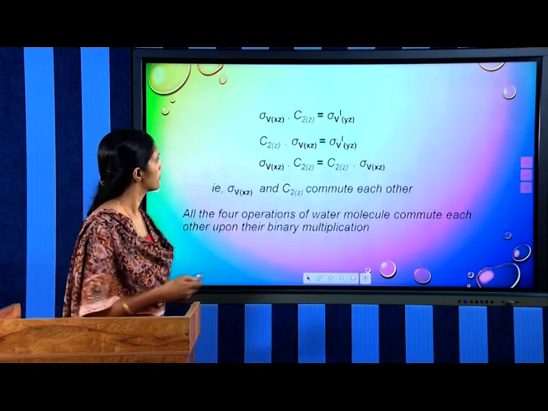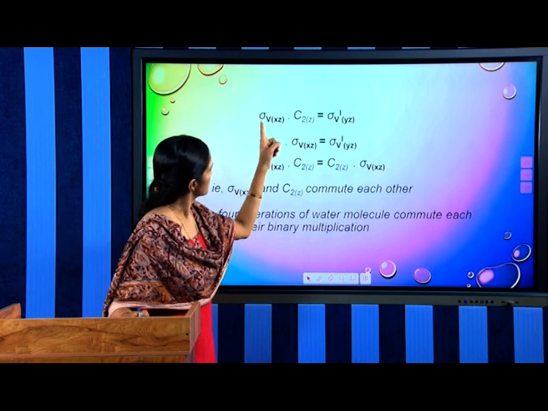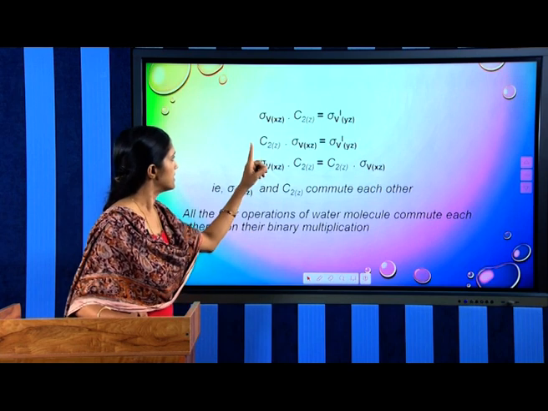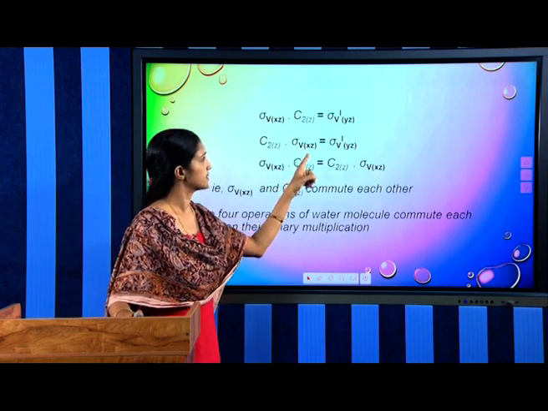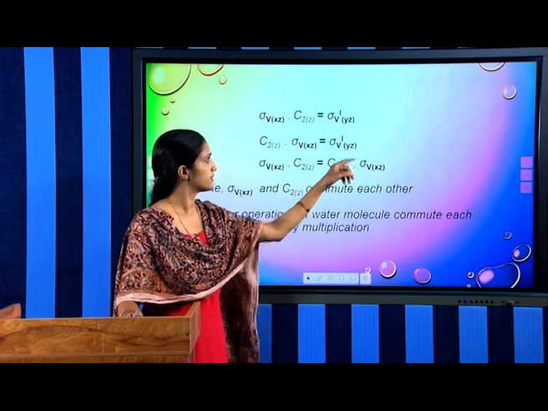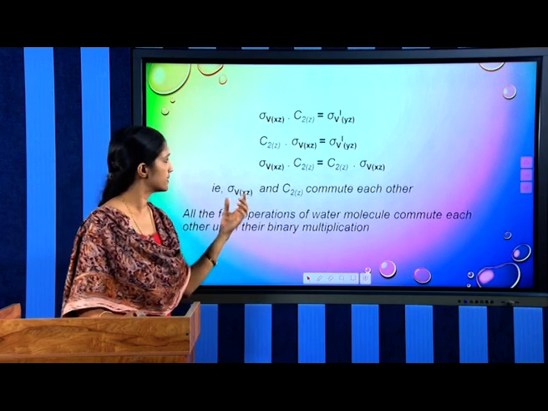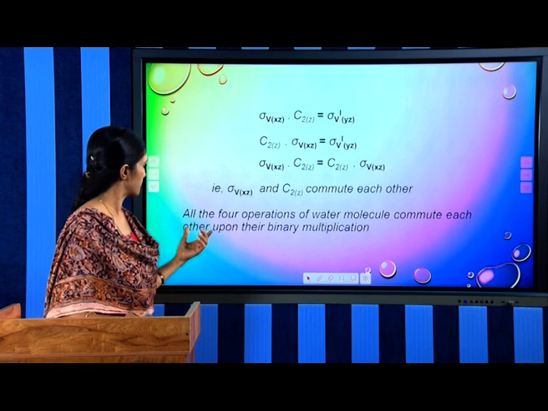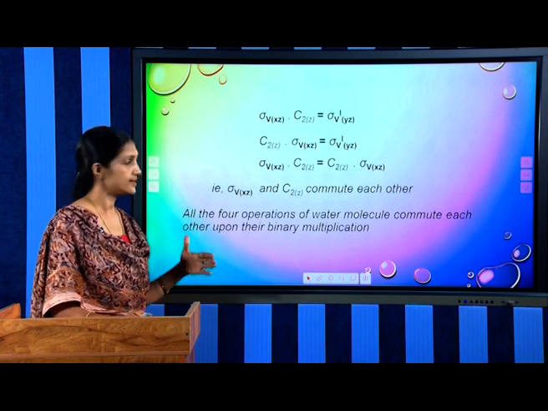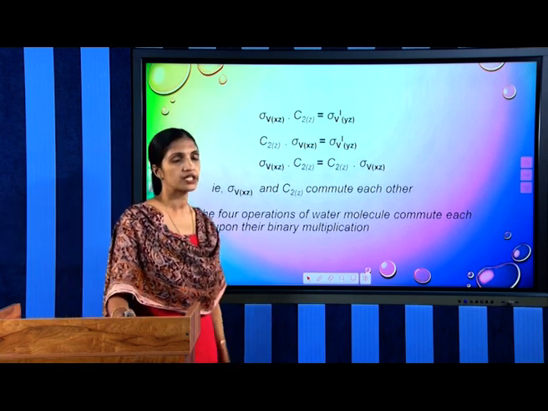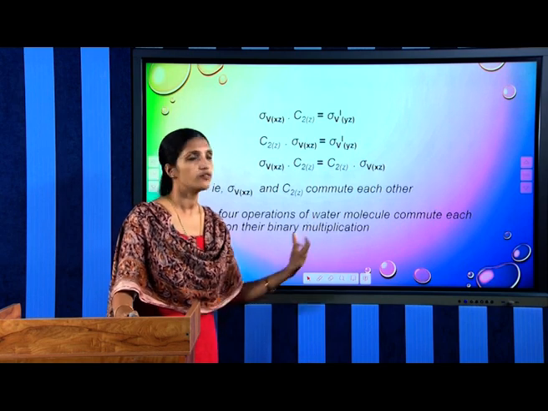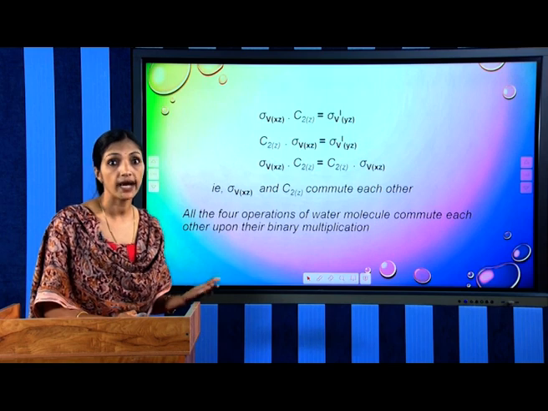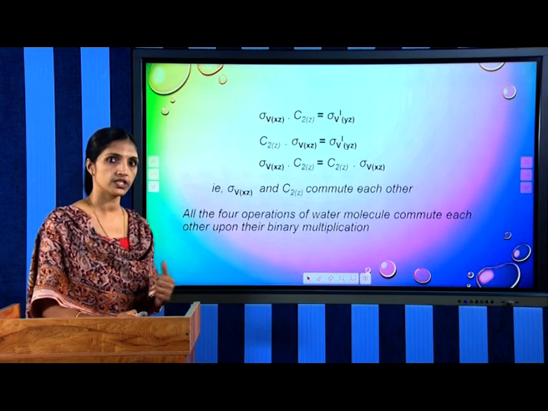Sigma V xz into C2Z is equal to sigma V dash yz, and C2Z into sigma V xz also is equal to sigma V dash yz. So what is the inference? Both these operations commute with each other. And it should be noted that all these 4 operations available for the water molecule commute with each other on their binary multiplication.